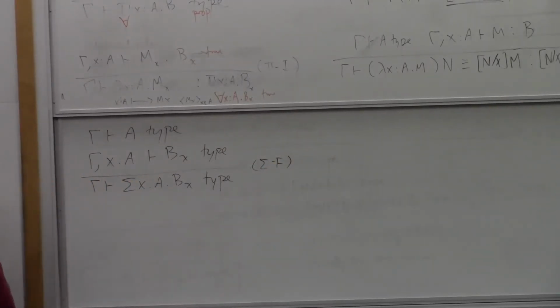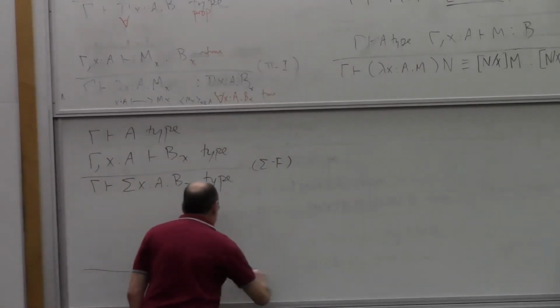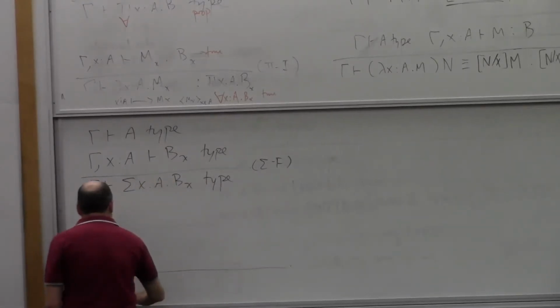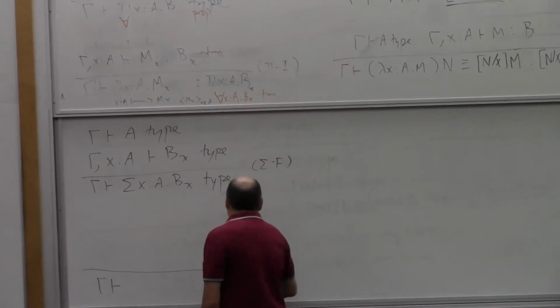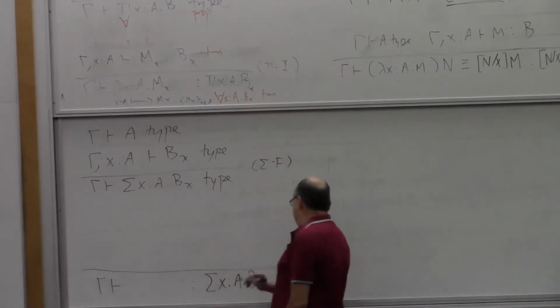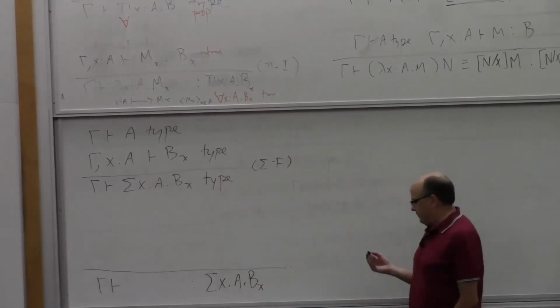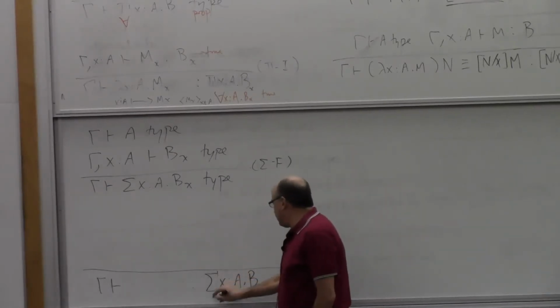Okay, and then we're going to have the introduction and the elimination. So the introduction is, what does it mean to have an element of sigma x in A, B? And I can write the x there if I want, just to emphasize the dependence. Okay, so what is an element?